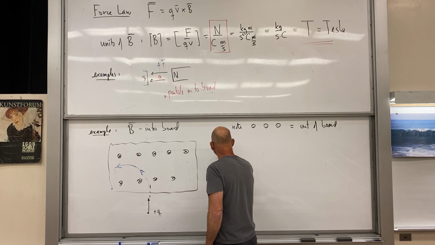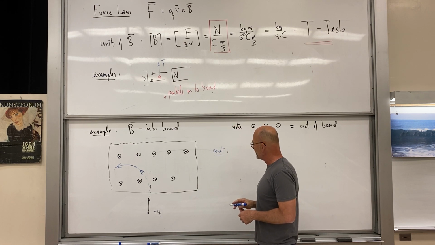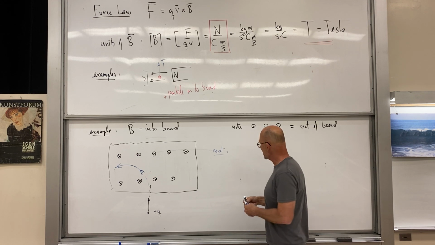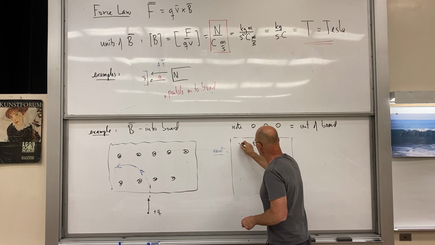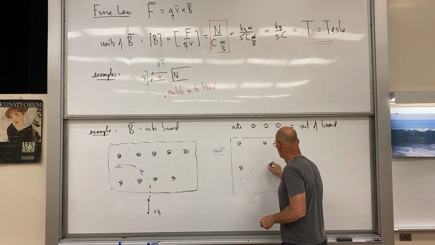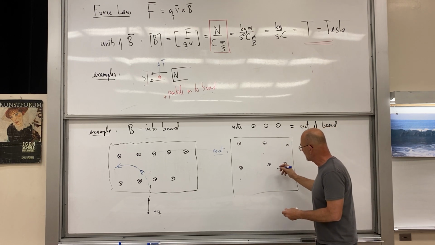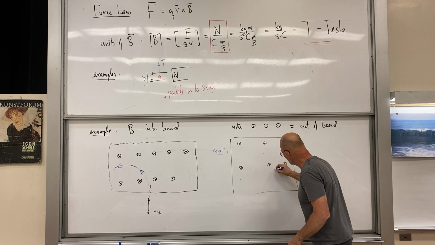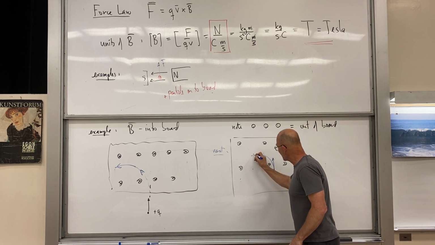The next example, we're going to launch a particle, same scenario. So there's our region of B field, but we launch it right here. If we launch it at this point with V, it's going to veer around like this.